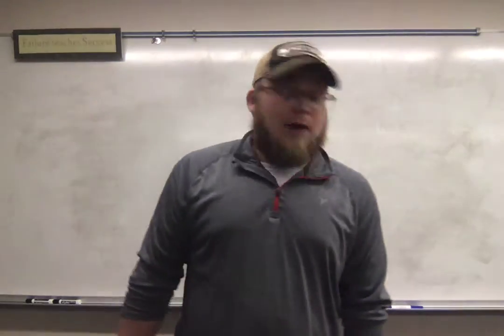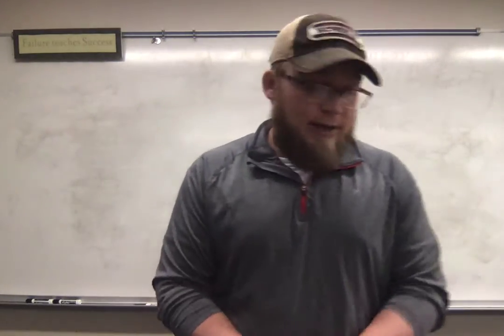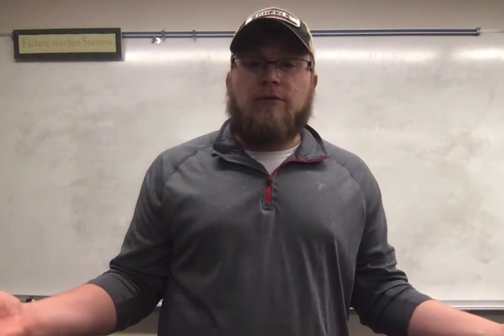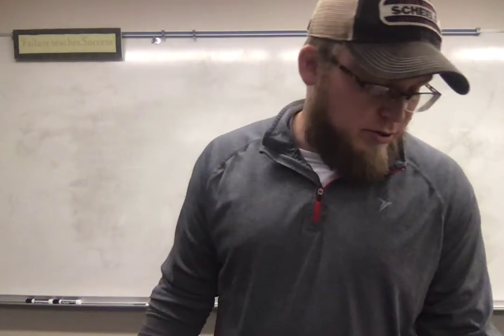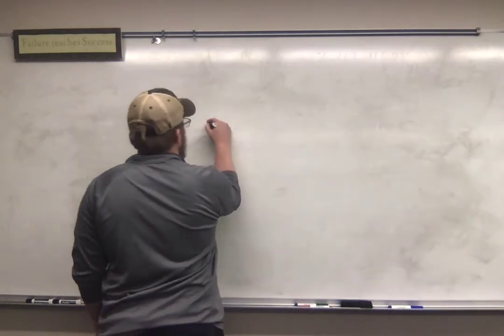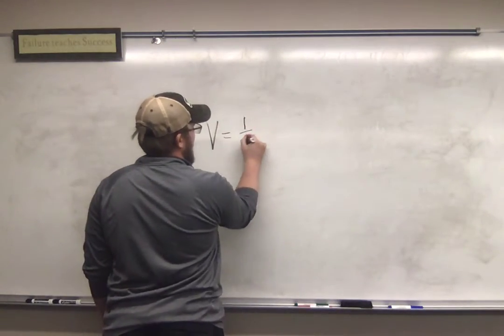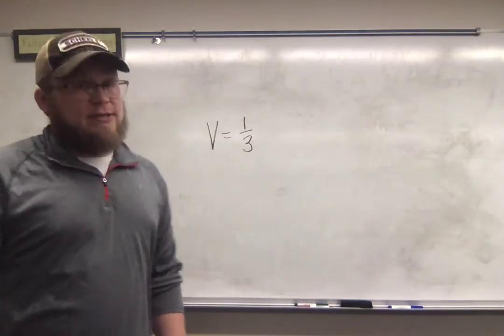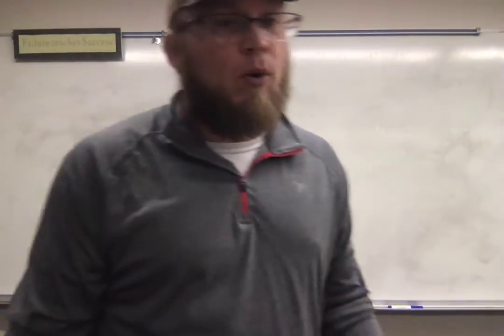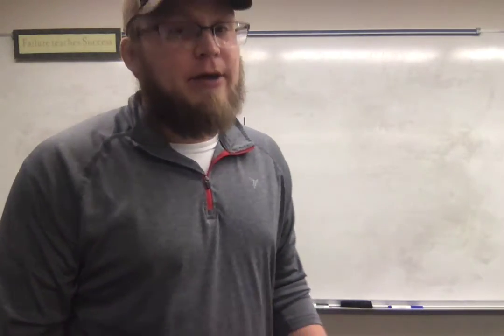Well, a couple things we need here. We need to know the formula for volume of a cone, and if you look right below the 2 cones, it says that. I'll write that on the board so you can see it. Volume equals 1/3, which means type in the fraction 1/3. Don't use 0.33333, you've got to be specific.